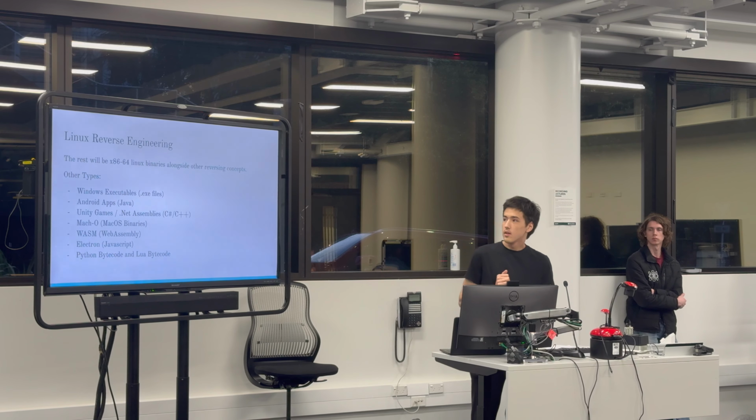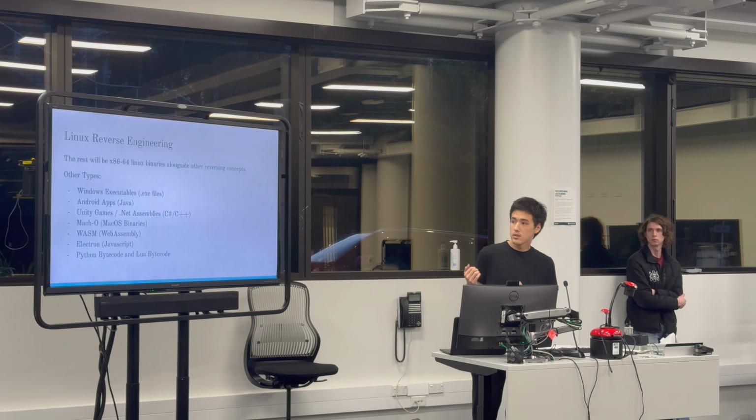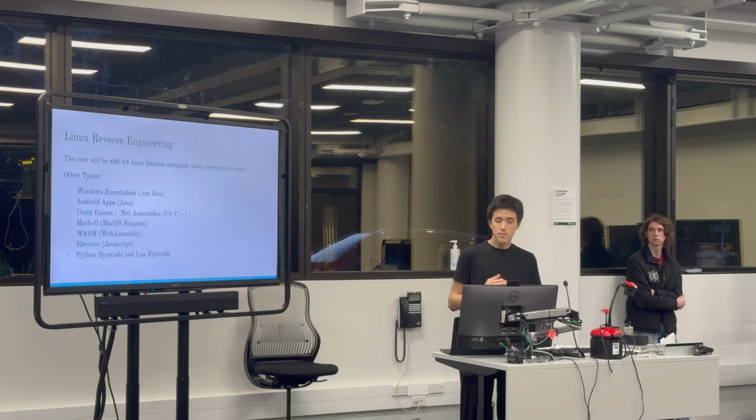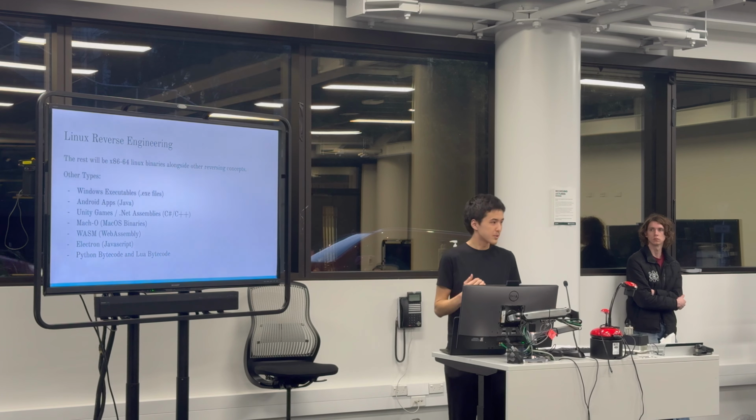So today's focus is specifically Linux reverse engineering, but just to introduce you briefly to some other types, there's Windows reverse engineering, Android apps, which are in Java, Unity games, Mac OS binaries, WebAssembly, which is on the web, Electron, which is JavaScript, which is actually very vulnerable quite often.